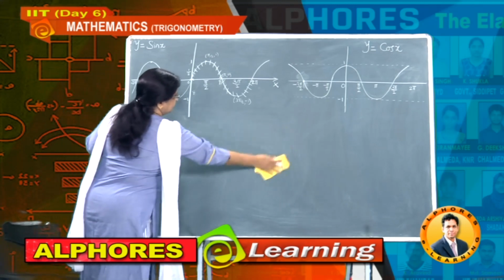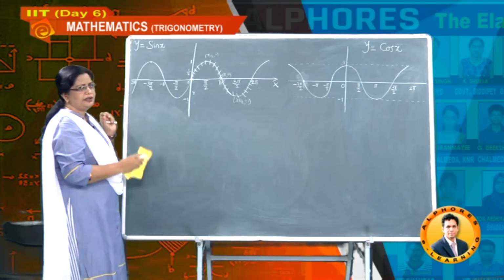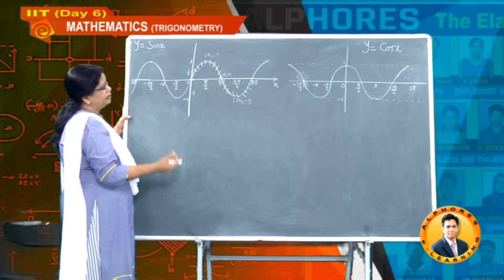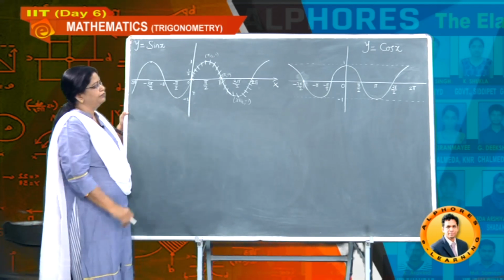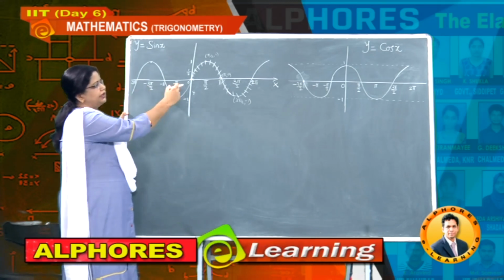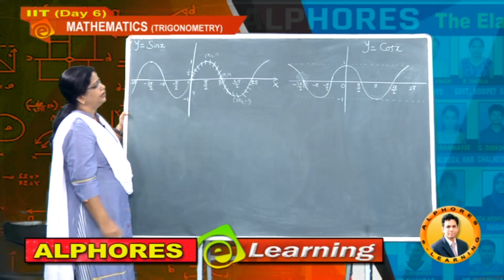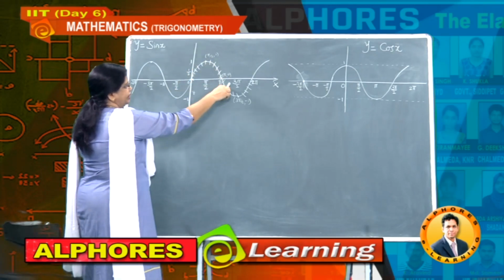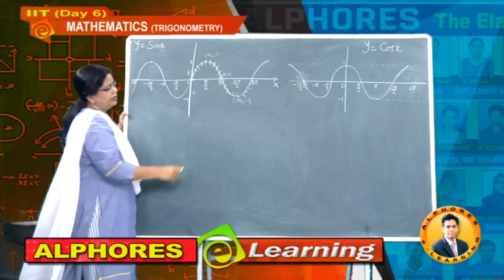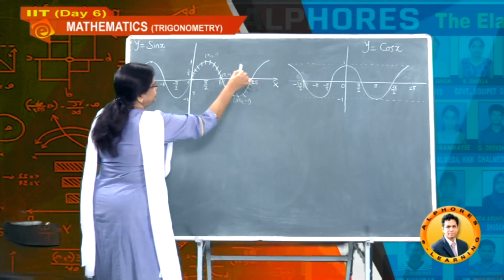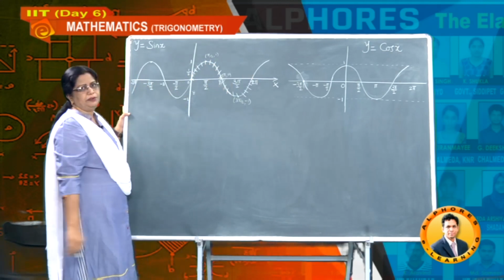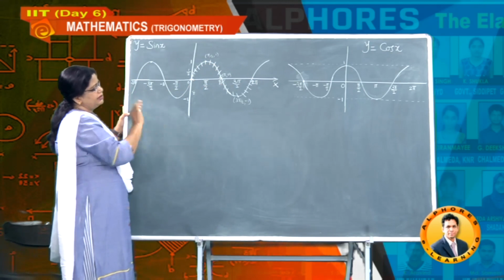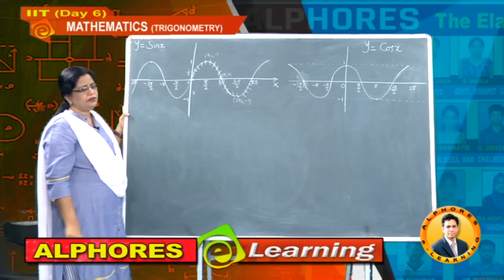So now, from the sine function, let us see what results we observed. First, it is a continuous curve. After that, we observed it is increasing from 0 to 90, decreases from 90 to 270, again increases from 270 to 360 and more also. So this is the increasing and decreasing nature of the function.